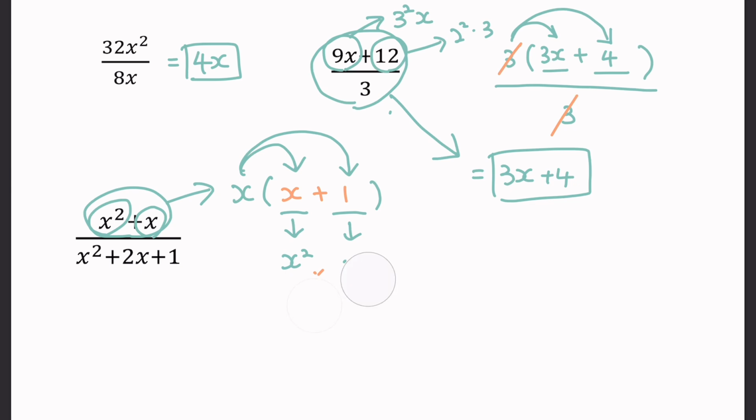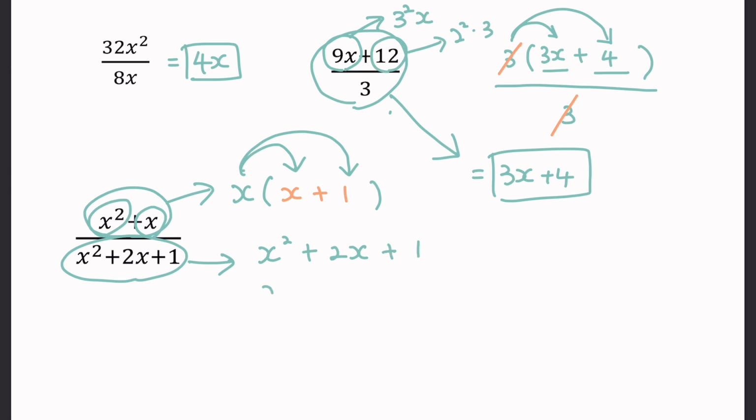So I'm done with the numerator. Let's go ahead and factor the denominator. Now we have what's called a quadratic expression. I hope you know how to factor a quadratic.